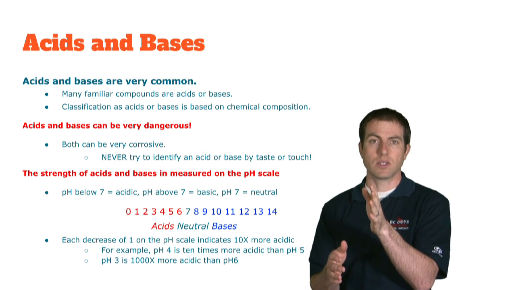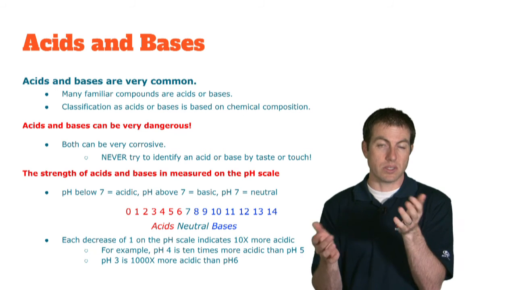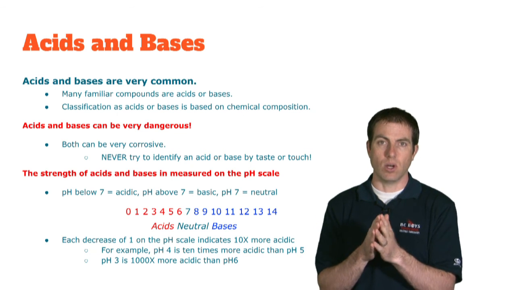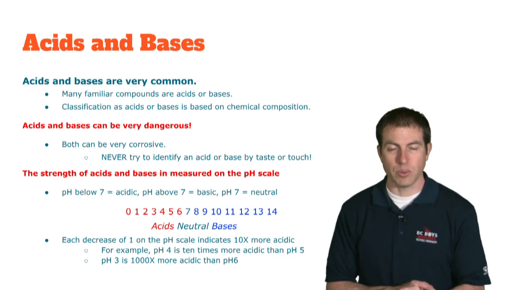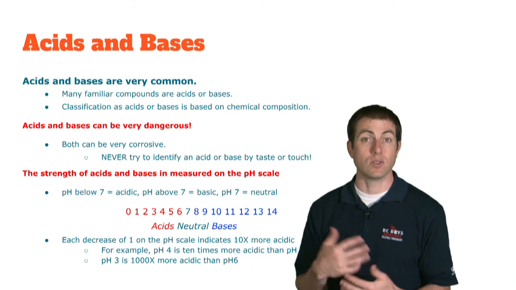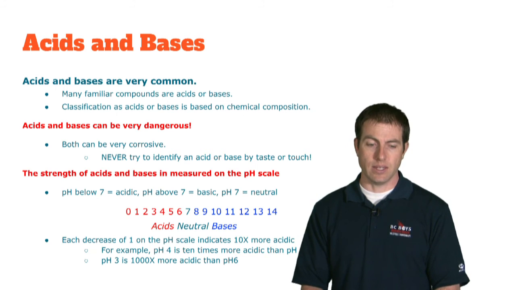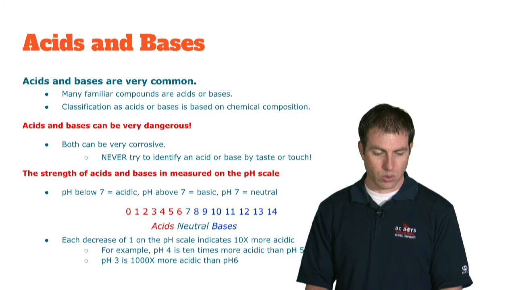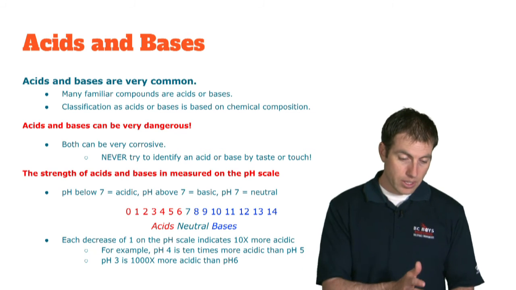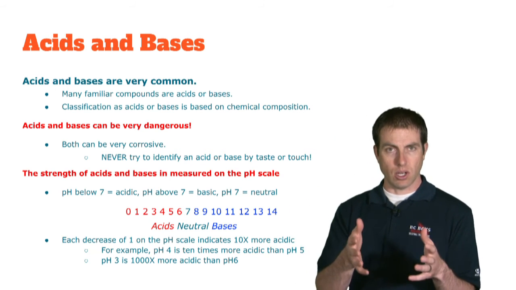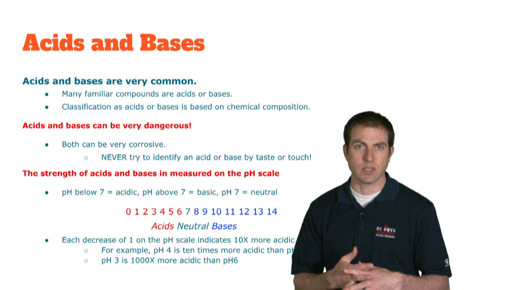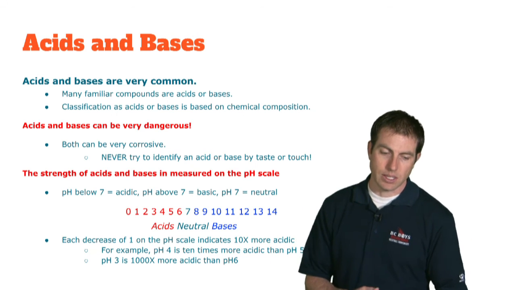Right in the middle is neutral, meaning that it's basically like pure distilled water, neither acidic nor basic. Then you keep going all the way to 14, and if you have something that's 14, it's really, really basic, and it can be really corrosive. So each step on the pH scale is kind of like a step on the Richter scale. It's a logarithmic scale. Each step represents a 10 times increase in strength.